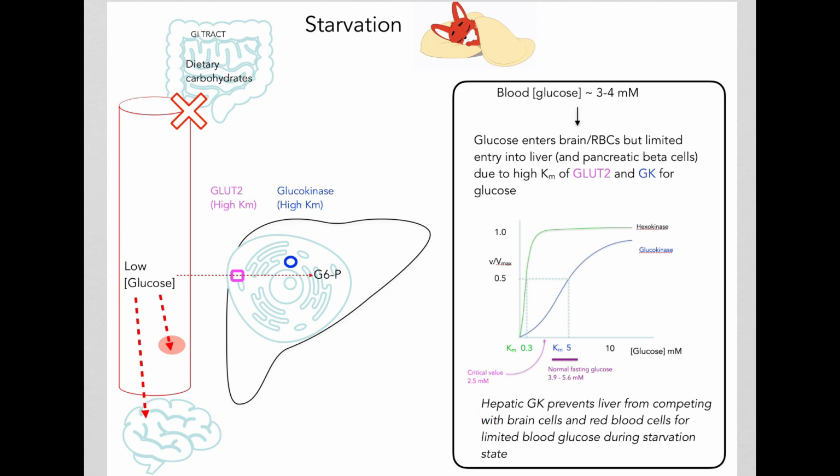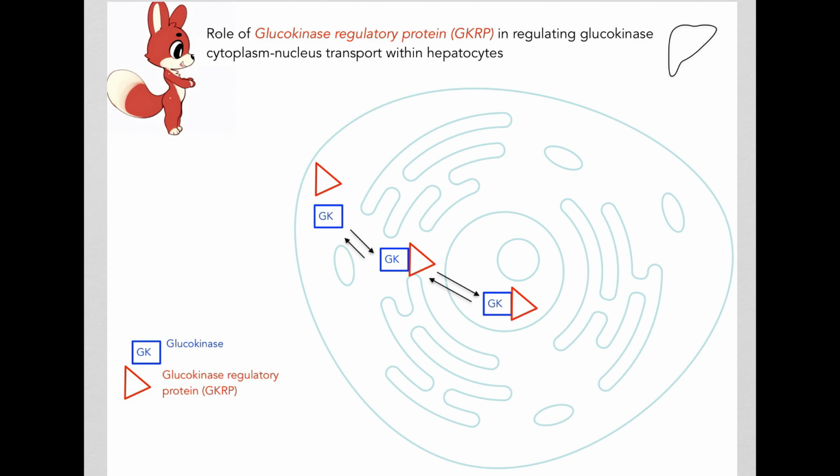Now, besides the Km difference between glucokinase and hexokinase, there's another very important characteristic about glucokinase that you find in the liver, and that is the presence of a protein called glucokinase regulatory protein, or GKRP.